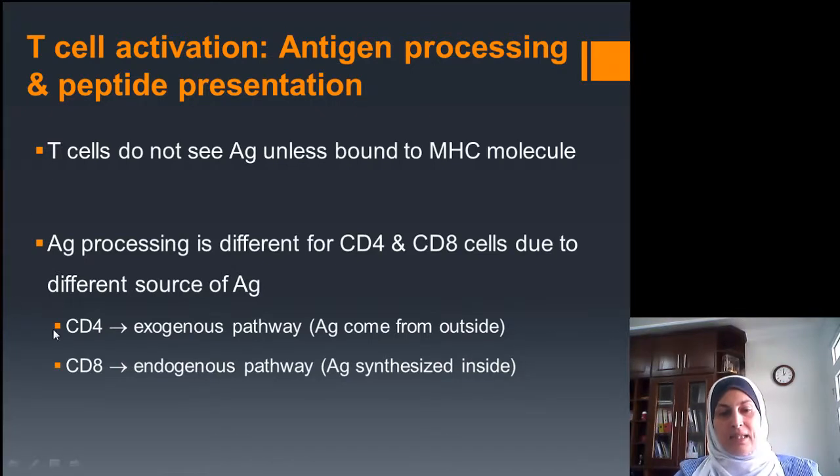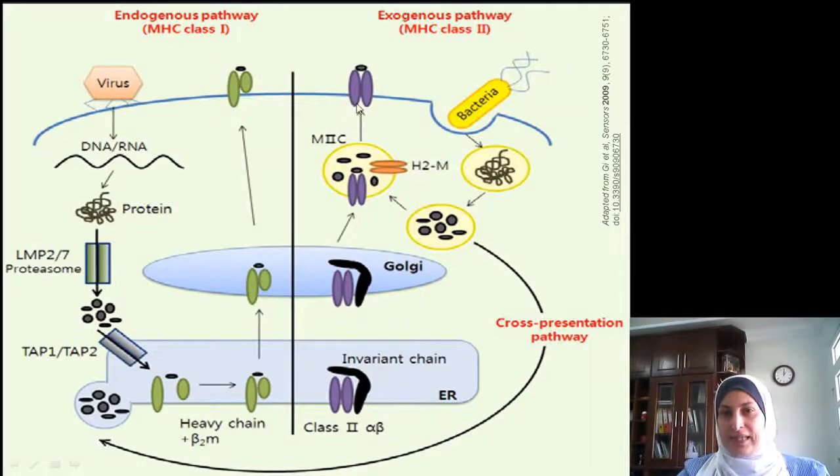So the CD4 follows the exogenous pathway, because the antigen or the protein source is from outside the cell, while the CD8 follows the endogenous pathway because the protein is synthesized inside the cell, as we are going to see here. This slide shows us both the exogenous pathway and the endogenous pathway.